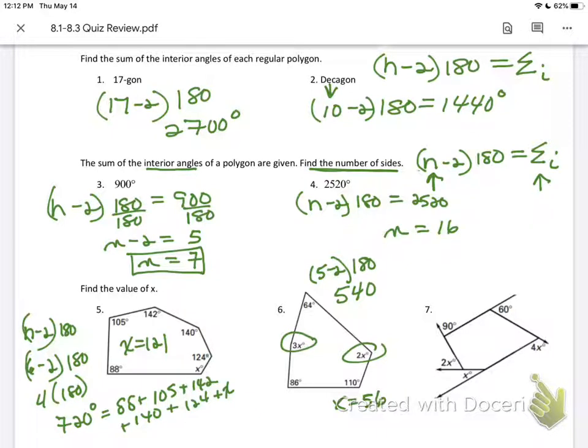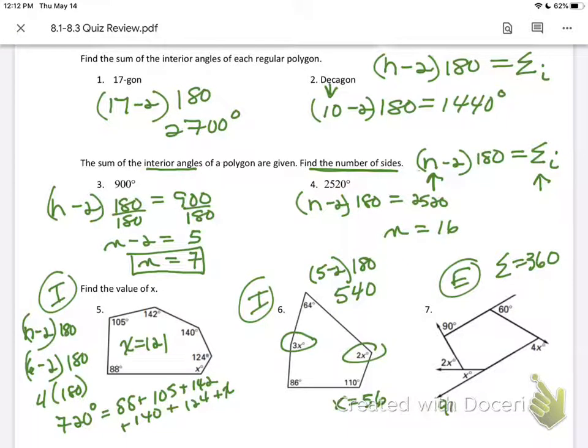Okay, problem 7 is not interior. These were interior, that was interior, this is exterior. Exterior always sums to 360 no matter how many sides it has. So what you're going to do is add these 5 terms up and figure out what x is going to be.